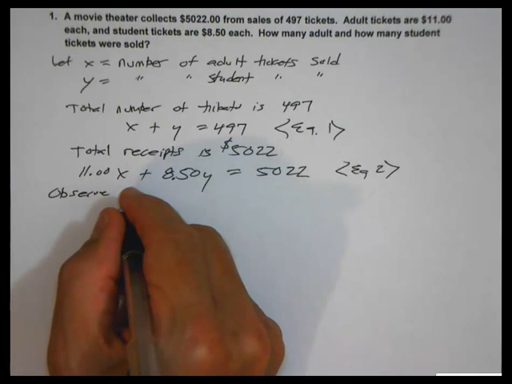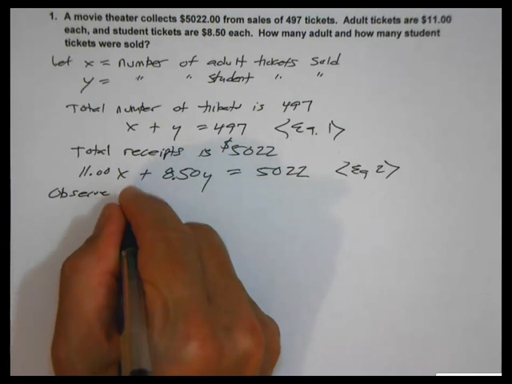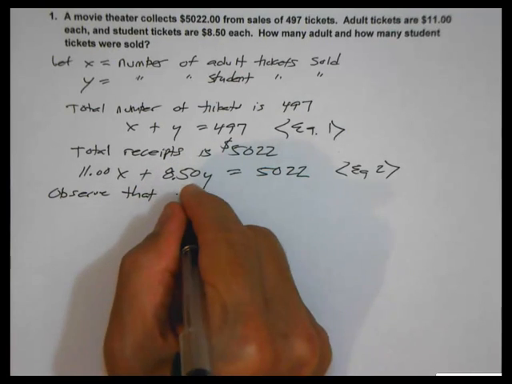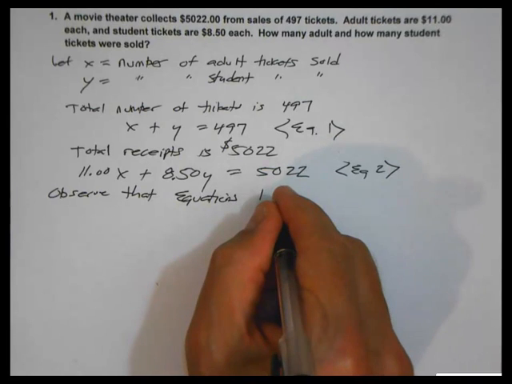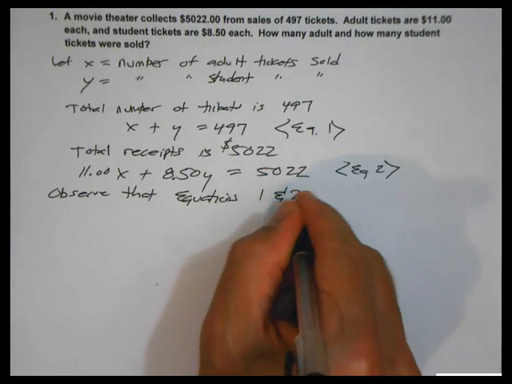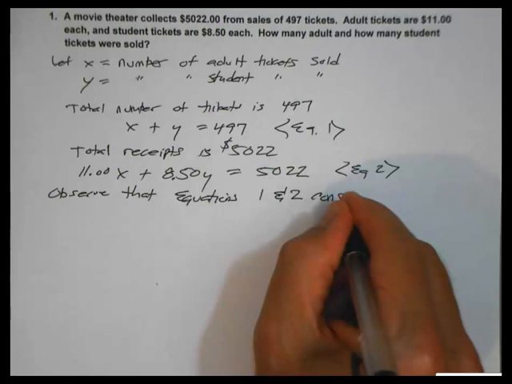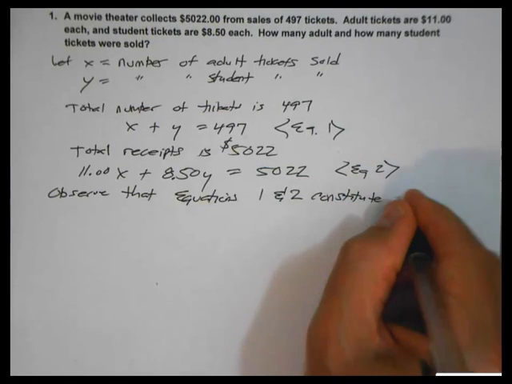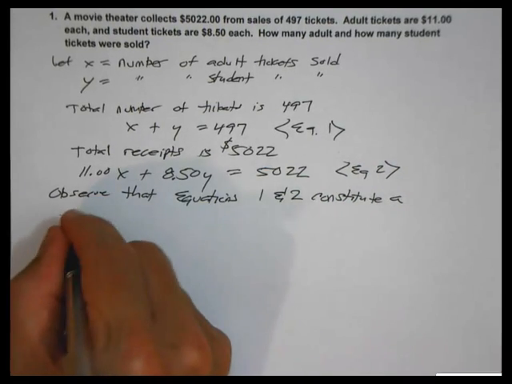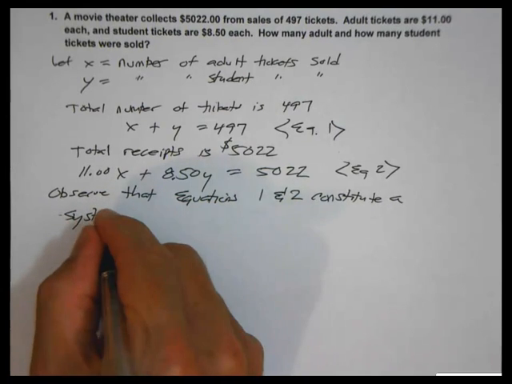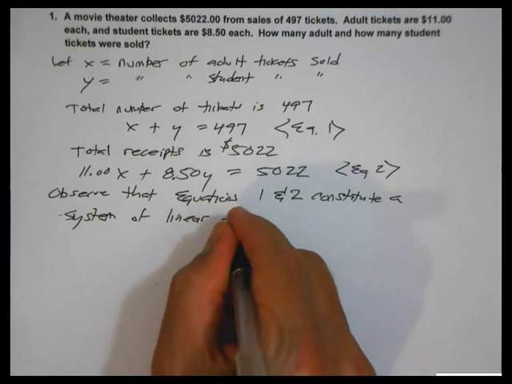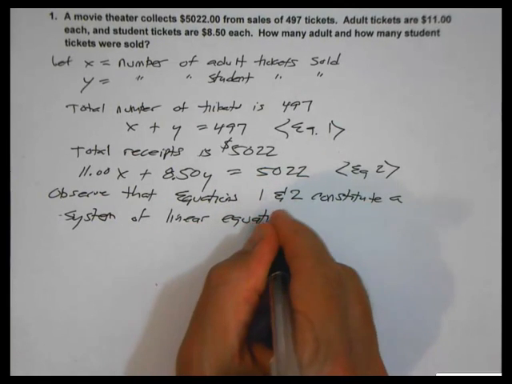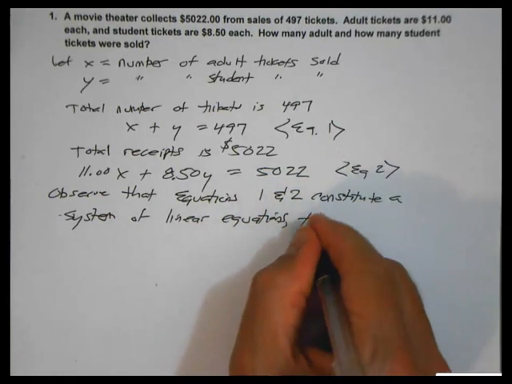So here we're going to say that we observe that equations 1 and 2 constitute a system of linear equations. Two variable.